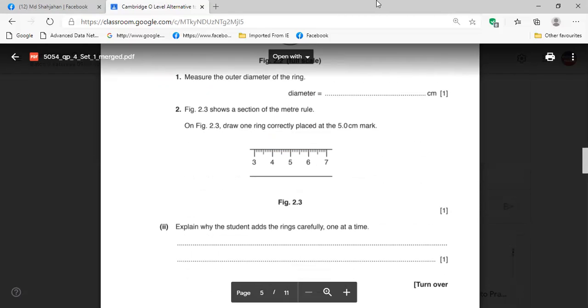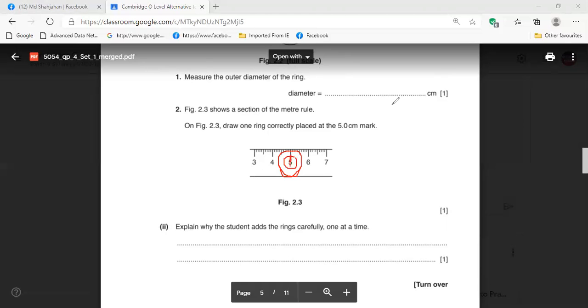So how will we draw it here? You will draw it in a way so that the center of the ring is on the line. See, I'm drawing here. The center of the ring should go through this 5 marked line. You see, this 5 marked line is going through the center.